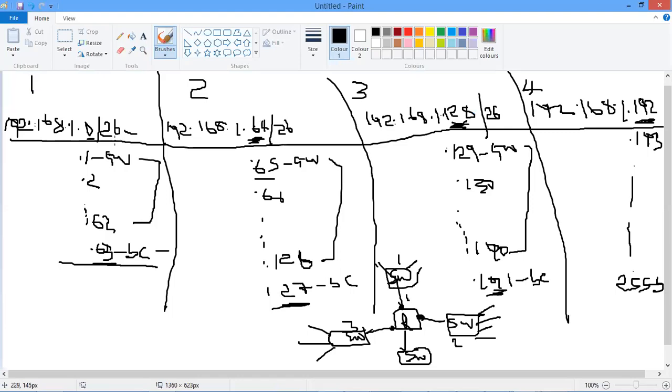So if I borrowed 2, 2 raised to power 6 that is remaining is 64. So I'll be doing multiples of 64: 64 here plus another 64 you have here. If you had borrowed 3, that means it's remaining 5, so you'll be having multiples of 32, 32, 32, 32.